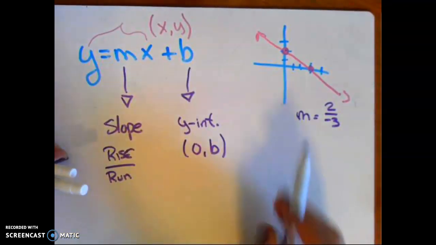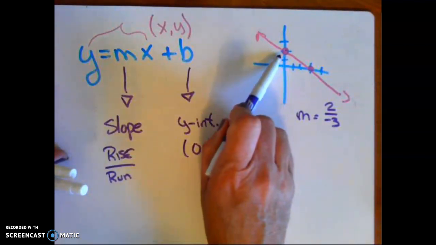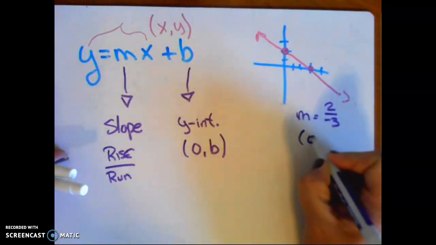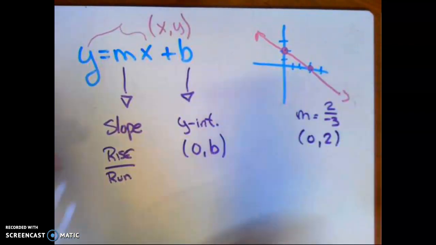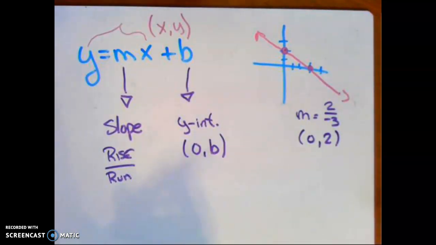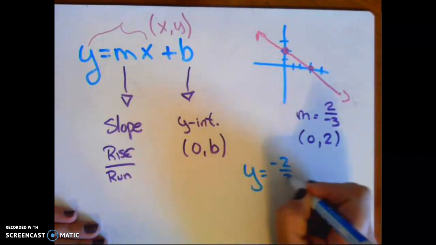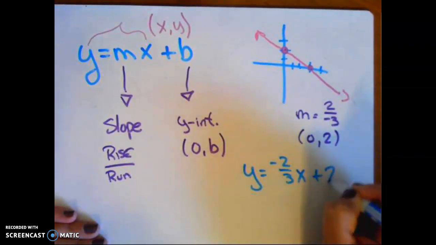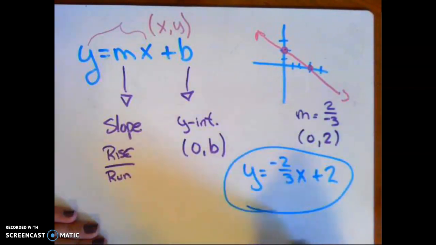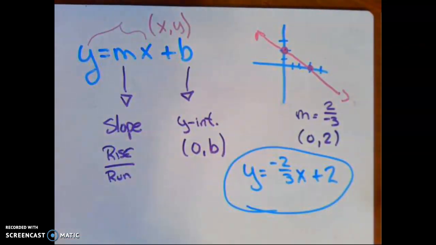My y-intercept is right here. That's where it's touching the y-axis, and that is (0, 2). So when I go to write the equation of my line, y equals -2/3 x plus 2. That is the equation of that line. That's the easiest one you are going to get, given a graph to look at.